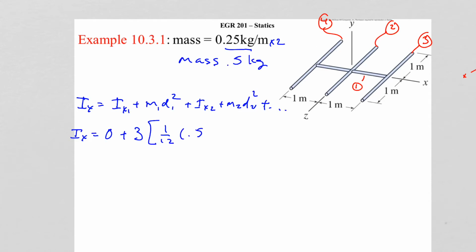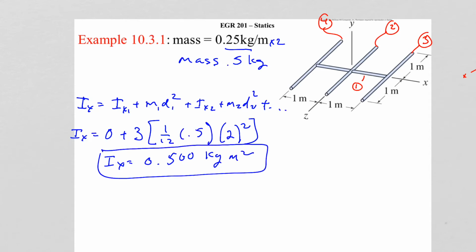So there's my 0.5 kilograms times the length, which is 2 meters squared. If I calculate this out, Ix is equal to 0.500 kilogram meter squared. So there it is about the x-axis.